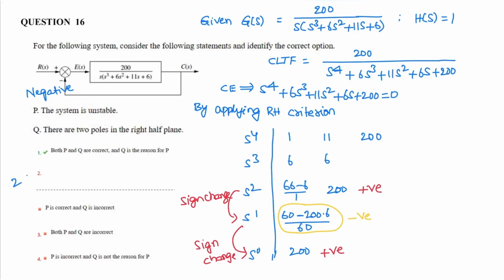Therefore the system is unstable. Both P and Q are correct and Q is the reason for P.